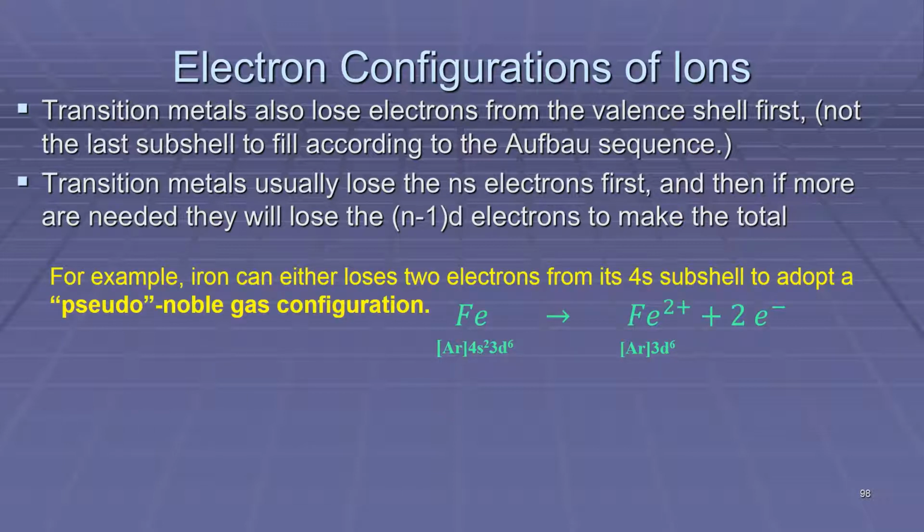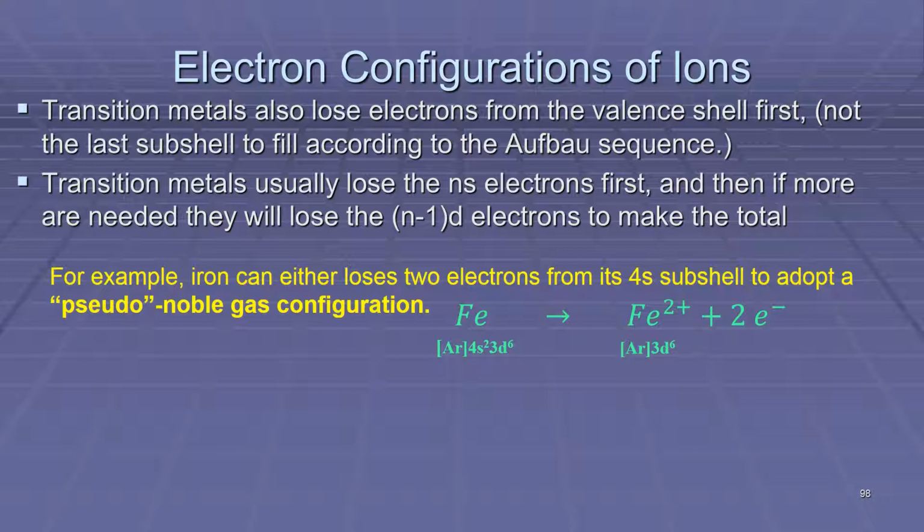So for example, iron can form 2 different ions. It can be a +2 ion, so it forms this pseudo-noble gas. You can see Fe ends with 4s2 3d6. So the first 2 electrons that need to be removed, if you're just removing 2, are the 4s electrons. So it gives the noble gas argon 3d6.